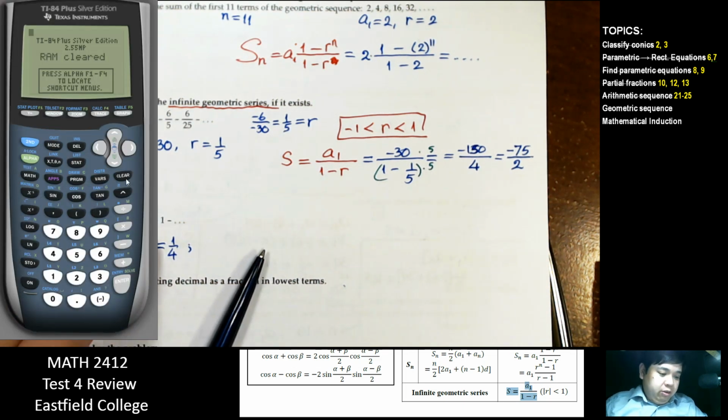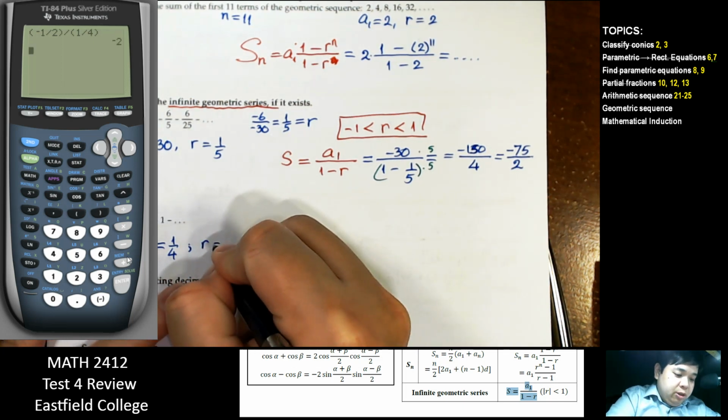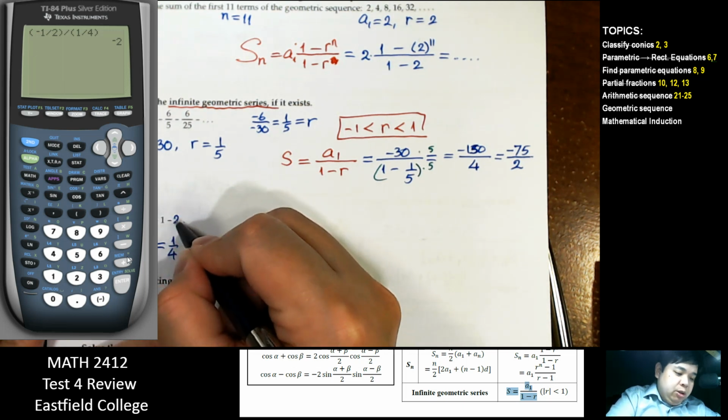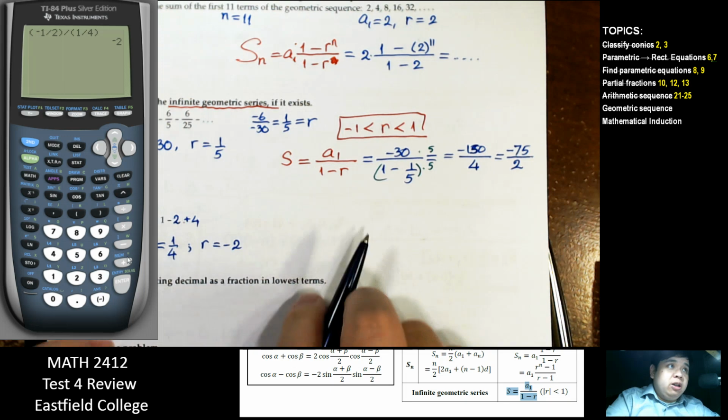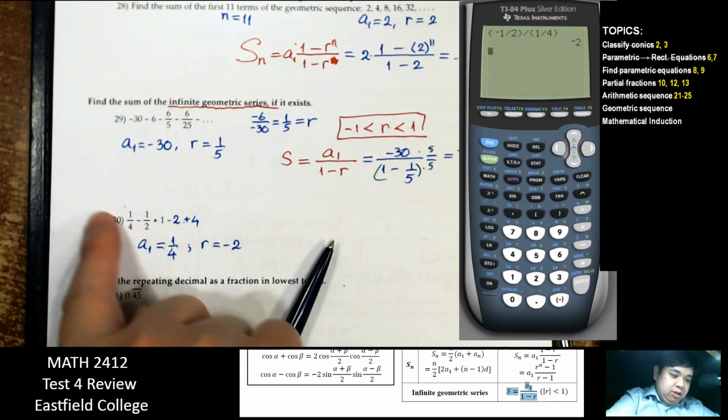Right, I divide backwards, so 1/2 divided by 1/4. The common ratio is negative 2. So the next one would be negative 2, and then plus 4, and so on. So it will be like that.